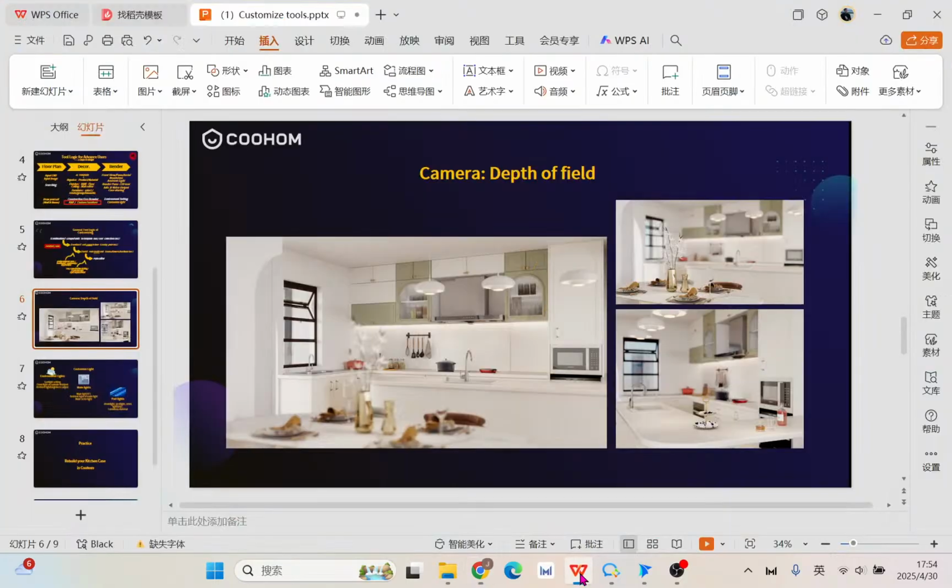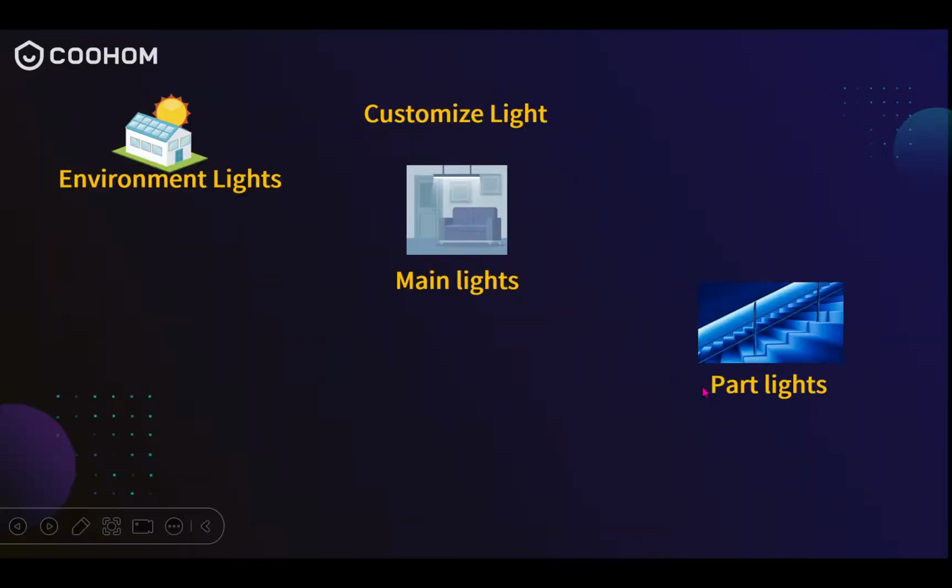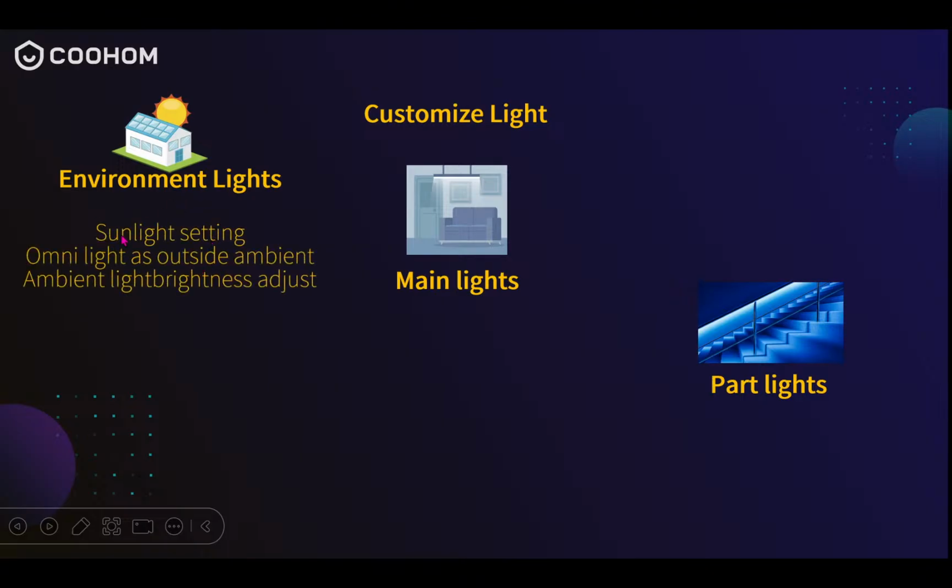And then here's my suggestion for the custom lights. Most of our users prefer and accept this logic, which can get a quick and well-defined light environment. First is the outside ambient light, the environment light, including the sunlight setting. Just now we finished half. And then the omni light as outside ambient light.